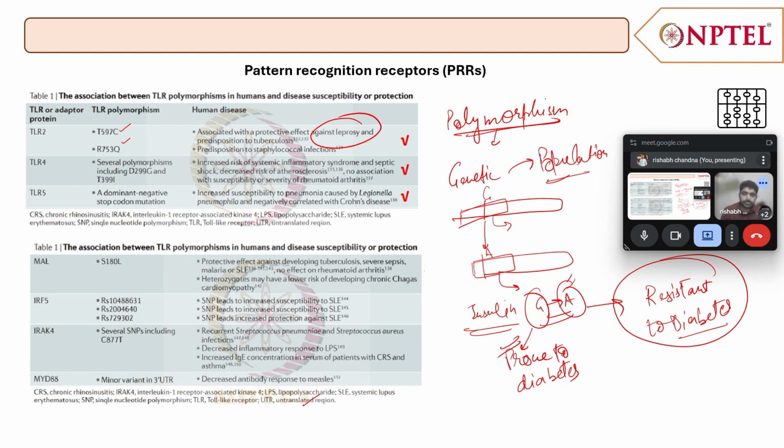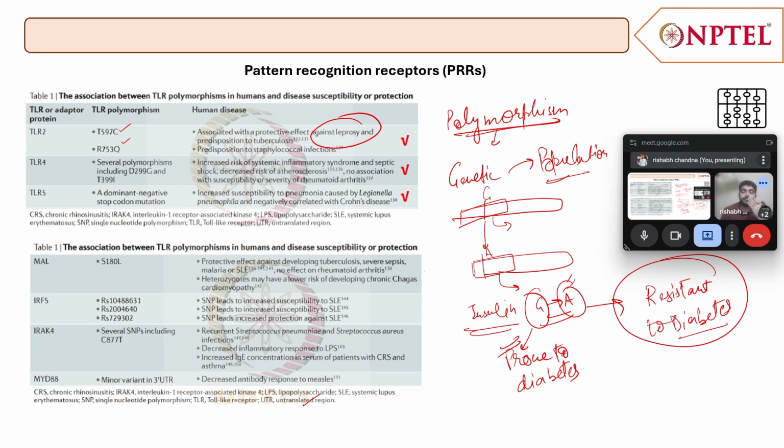Similarly, there are some more receptors like MAL, where the polymorphism is S180L. This helps against tuberculosis, severe sepsis, malaria, and there is no effect on rheumatoid arthritis. Then we have IRF5. These are the nucleotide changes, SNPs, that lead to SLE.